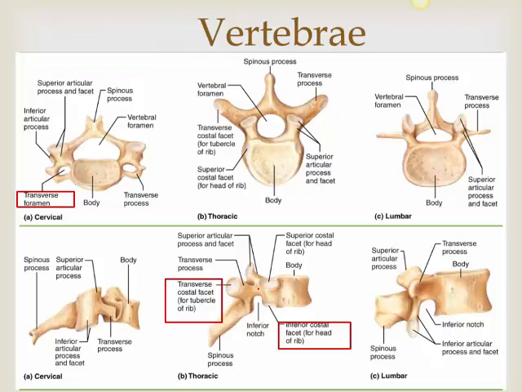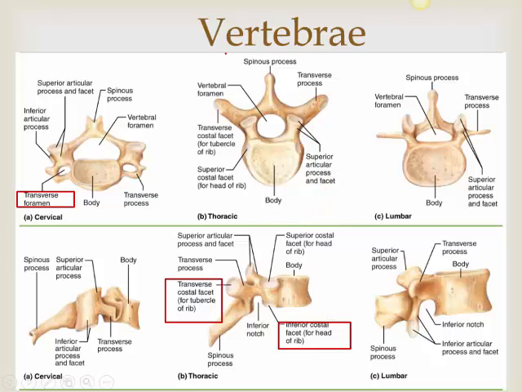If I was to draw a rib, looking at it from the top, this is how a rib would articulate with the vertebra. And from the side view, a rib would articulate in this fashion. So ribs articulate with the thoracic vertebra, which is why you have these costal facets on the body and on the transverse process.